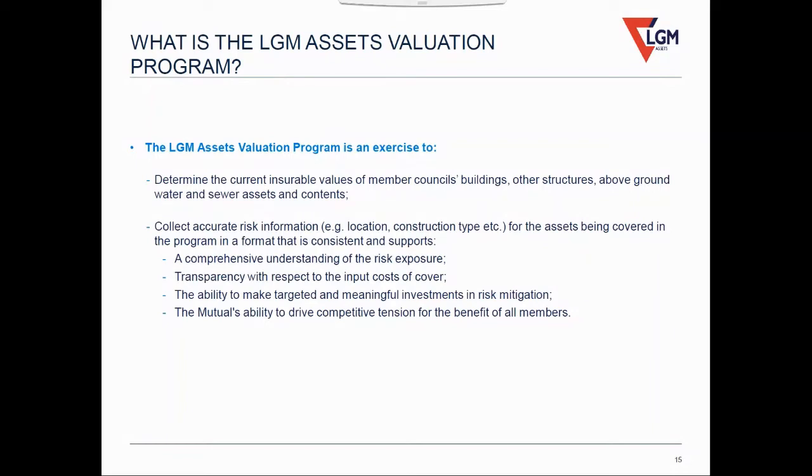So by improving the level and quality of risk information through the valuation process, we can reduce the degree of uncertainty and the need for negative assumptions, start to attract insurance and reinsurance capacity that might not otherwise be available without that information, and thereby generate some competitive tension, and naturally develop an understanding of the true cost of cover and make informed assessments about program structure, market participation, and ultimately risk mitigation and management.